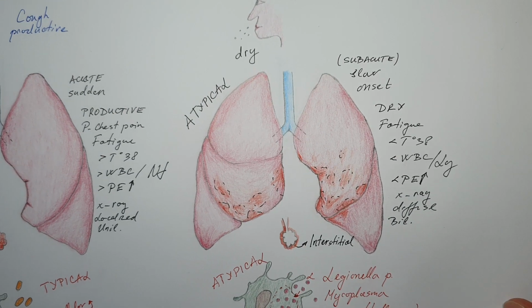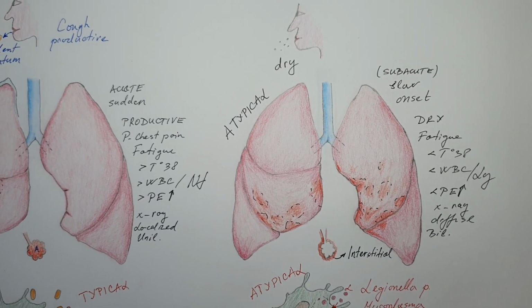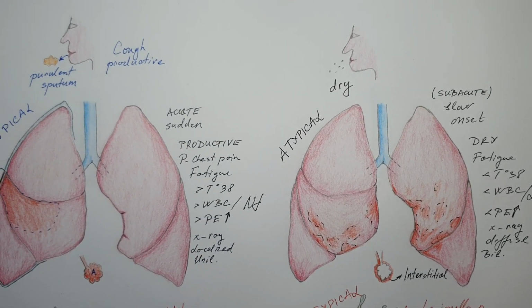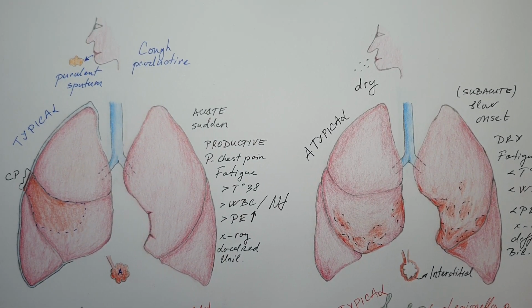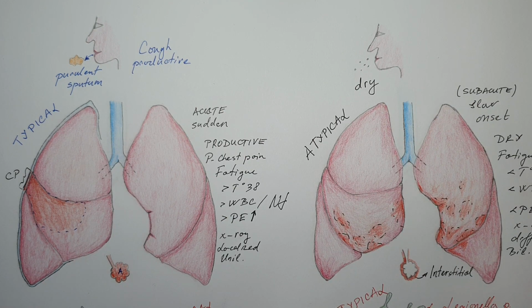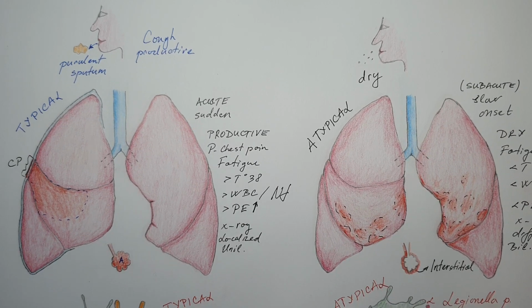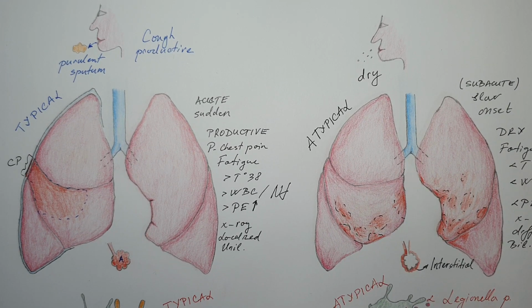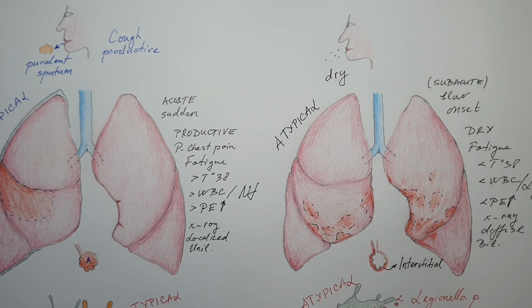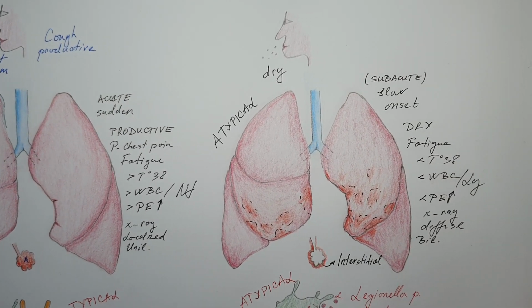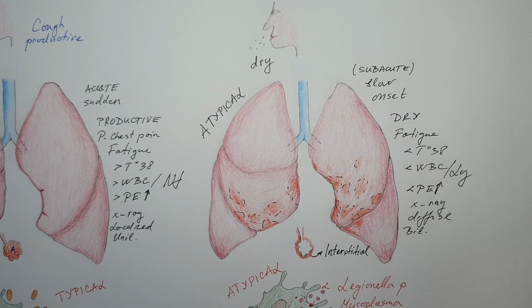So we see that typical pneumonias can be diagnosed maybe a little easier by the untrained eye, but the atypical pneumonias we need to search more, and they have this atypical pattern and these atypical findings.